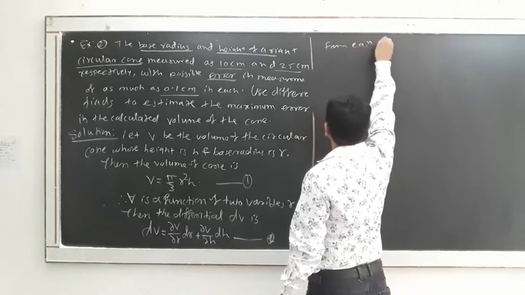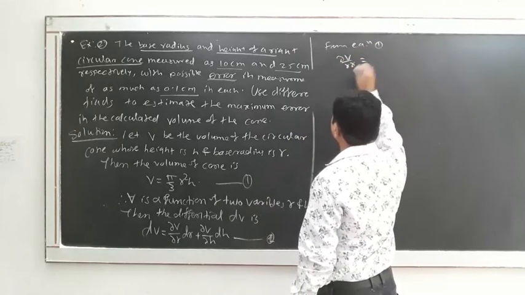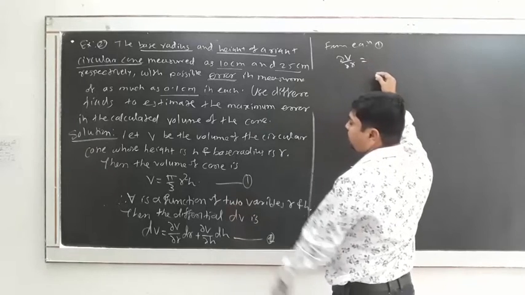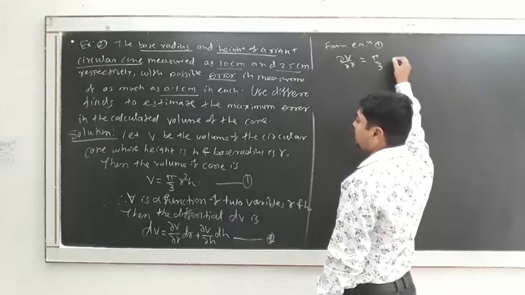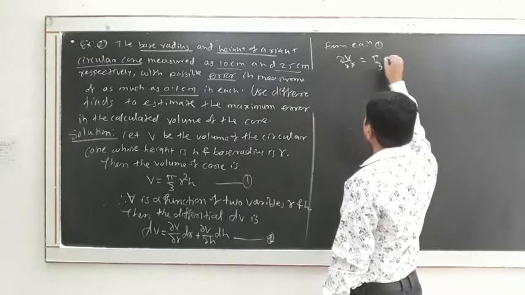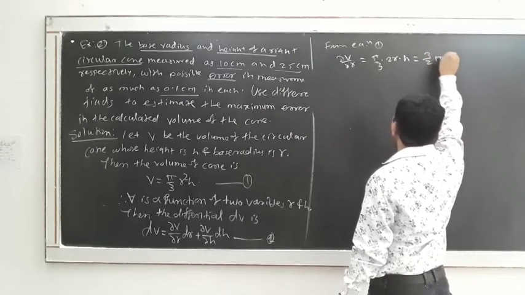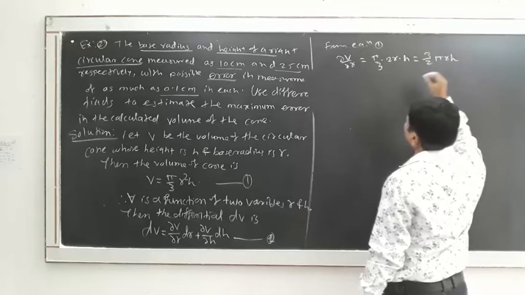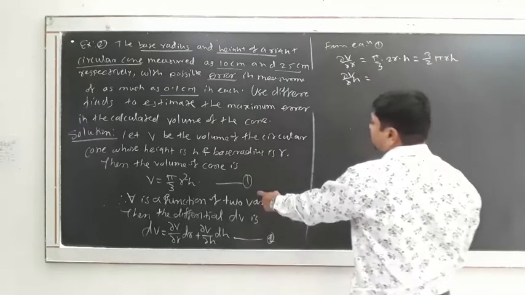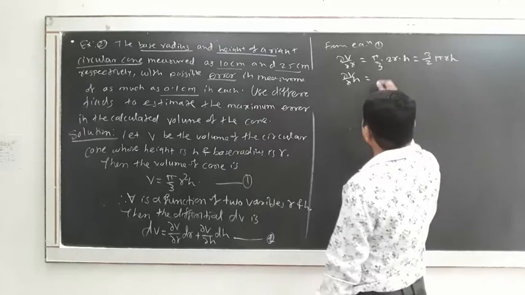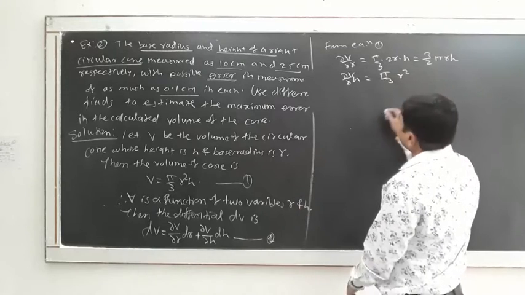From equation 1 we can find del V by del r. It is pi by 3 is constant, and the derivative of r square is 2r, into h. So it is 2 pi by 3 r h. And del V by del h, differentiate with respect to h, so it is pi by 3 r square, h derivative is 1.